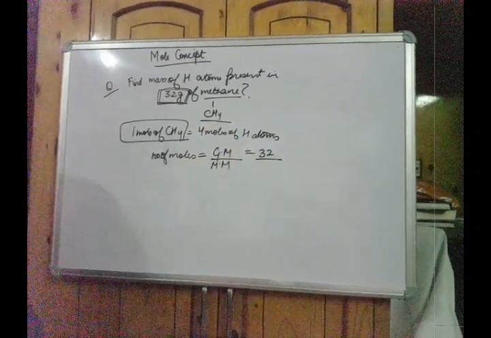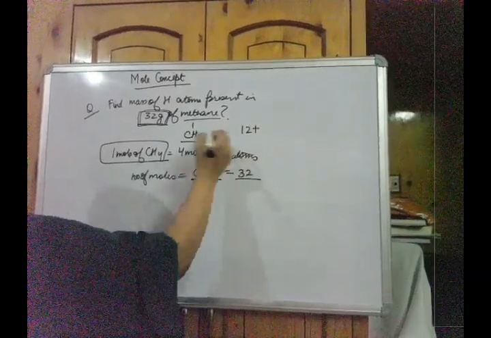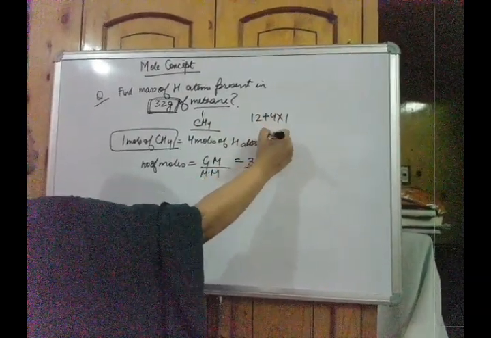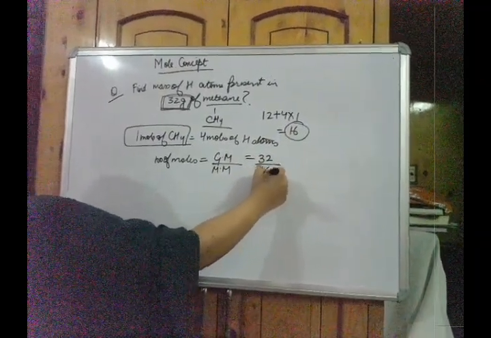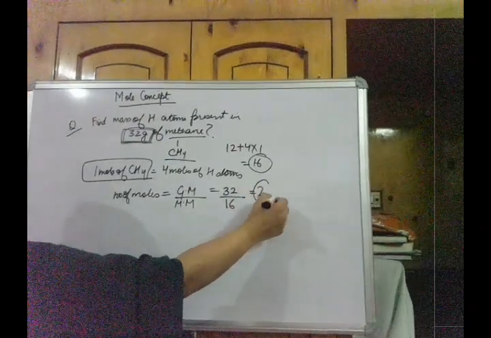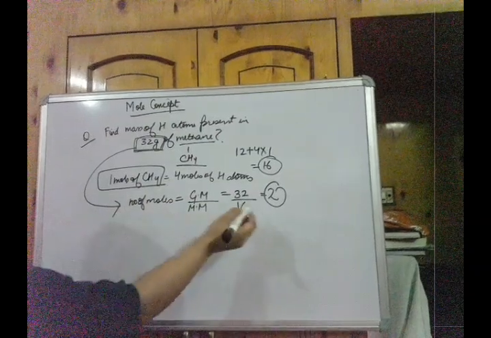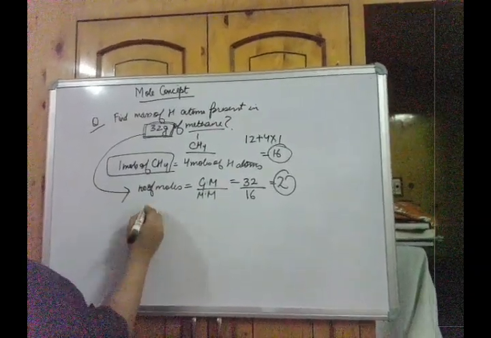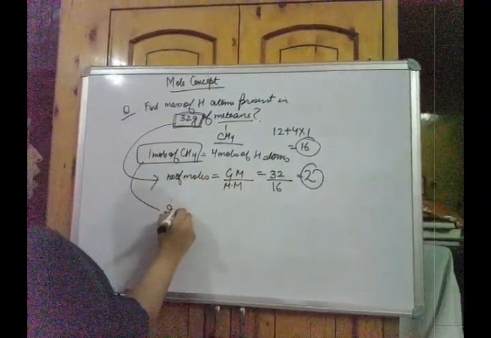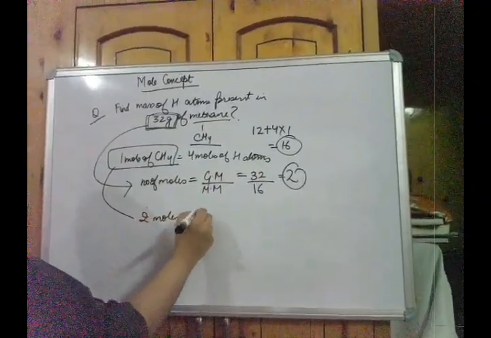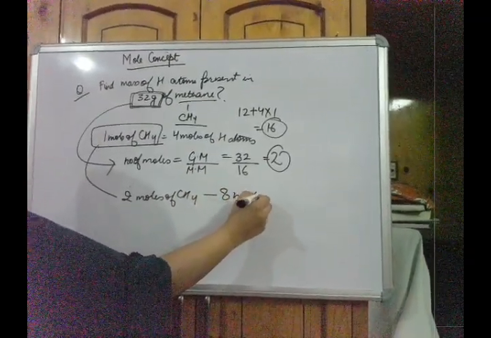The molar mass, as I have told you earlier, is carbon 12 plus hydrogen 4 into 1, so 16. So 32 by 16 is 2. From 32 grams there are 2 moles of methane. In 1 mole there are 4 moles of hydrogen atoms, so in 2 moles of CH4 there would be 8 moles of hydrogen atoms.